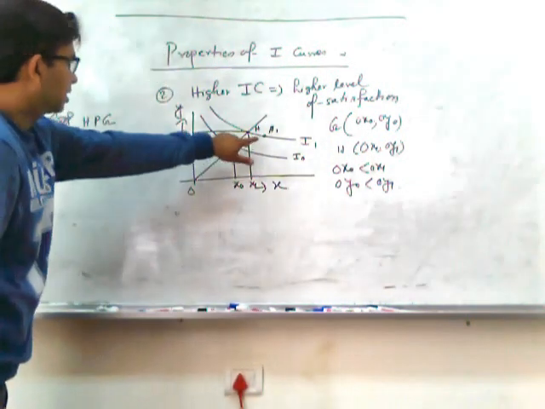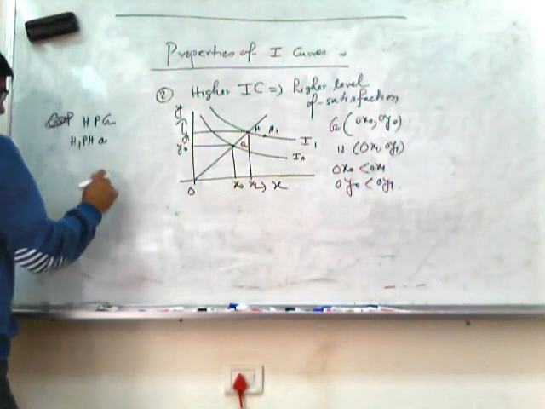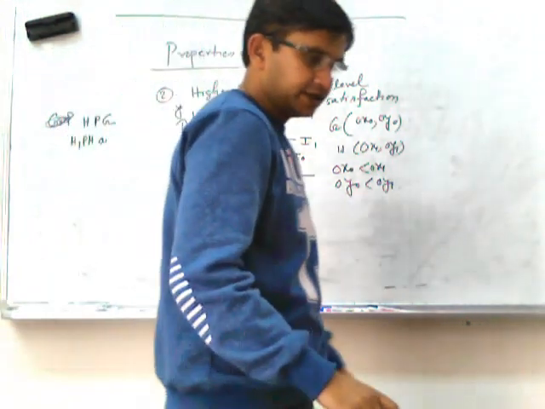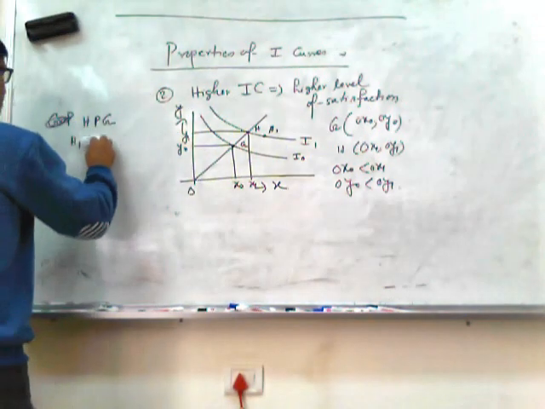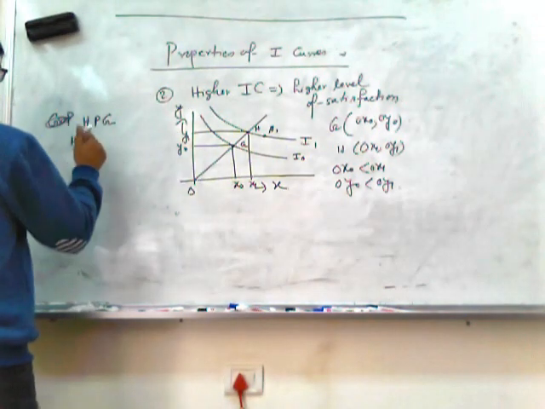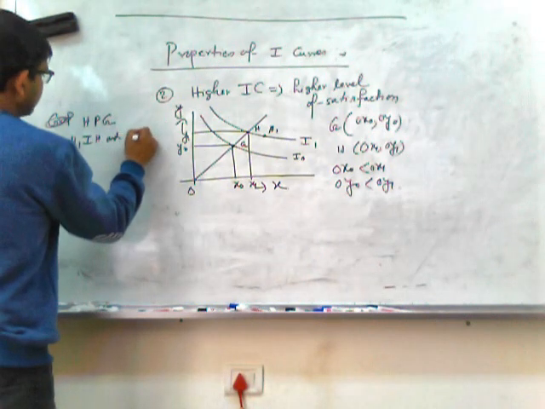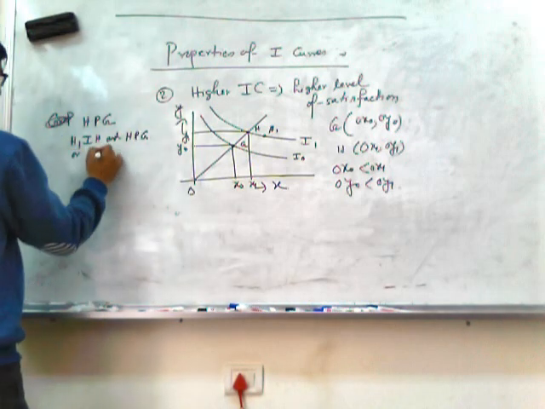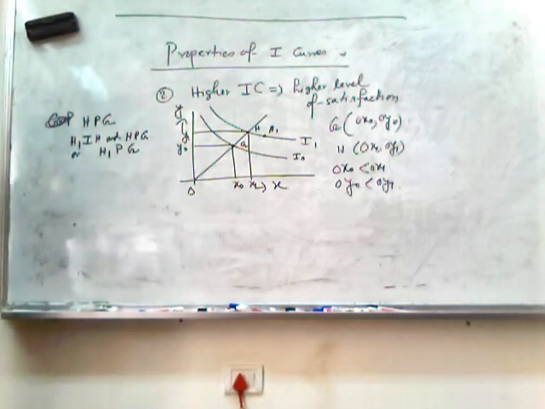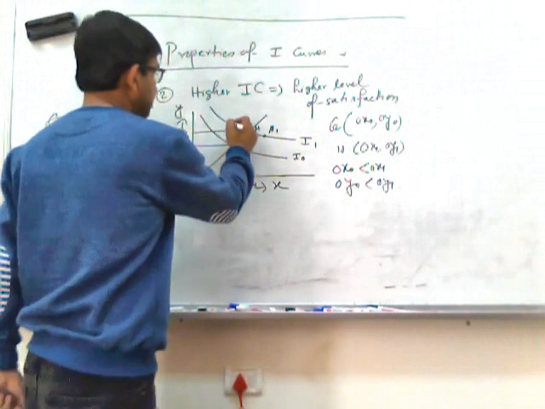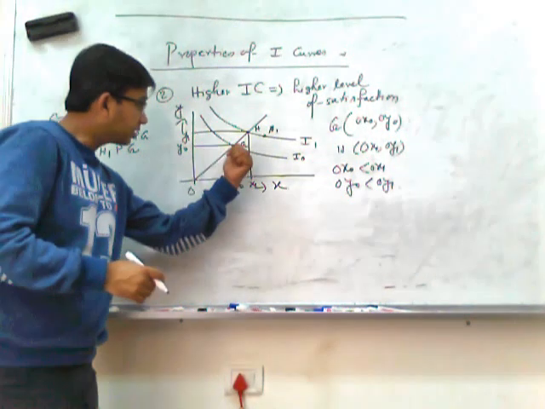Sorry, H1 is indifferent to H, and H is preferred to G. So in other words, we can write that H1 is preferred to G. So we can say that any point on this indifference curve will represent higher level of utility compared to G.